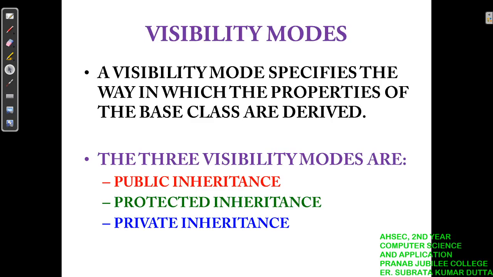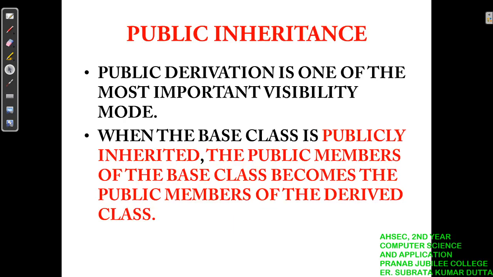Visibility mode is also of three types, same as access specifiers: public inheritance, protected inheritance, and private inheritance. Okay, so what is public inheritance?